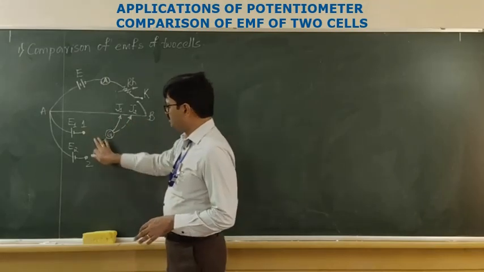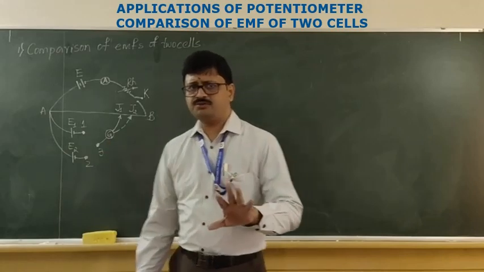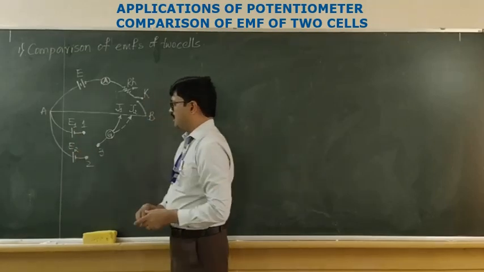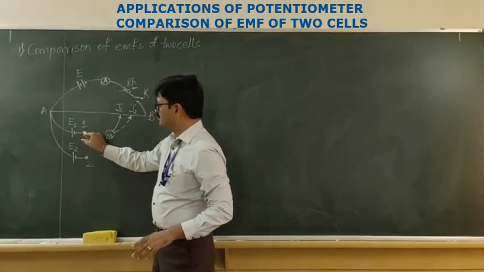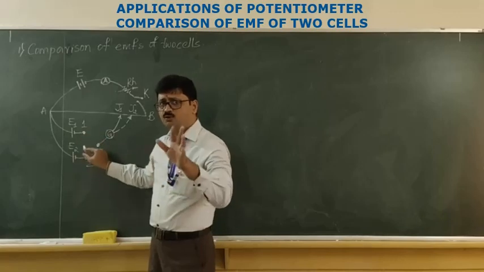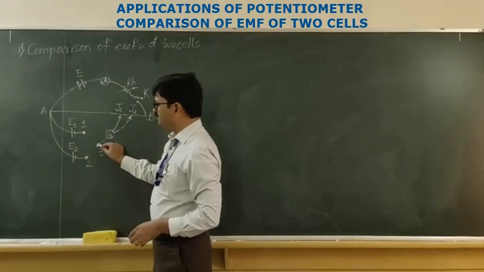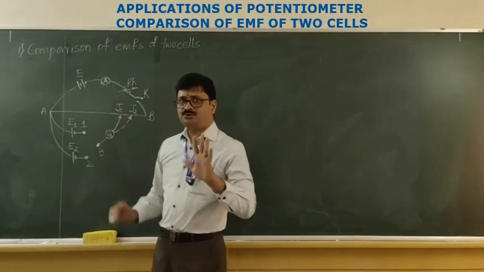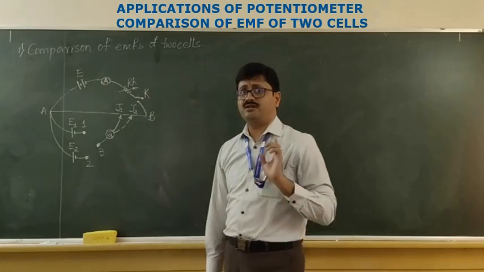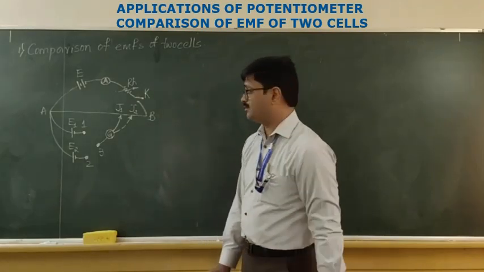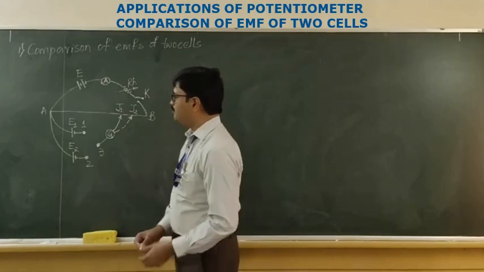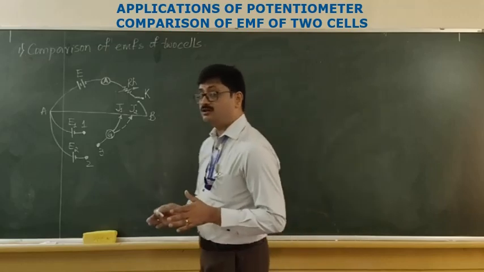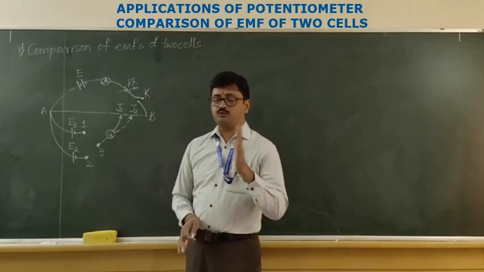Initially there are no connections here at all. So initially cell E1 and cell E2 are connected such that their negative terminals are connected to connectors 1 and 2 respectively, and then connector 3 is connected to the jockey through the galvanometer. So this is the circuit explanation that we have. I hope you can make this out. Then how can we go ahead and make the comparison of EMFs of 2 cells?